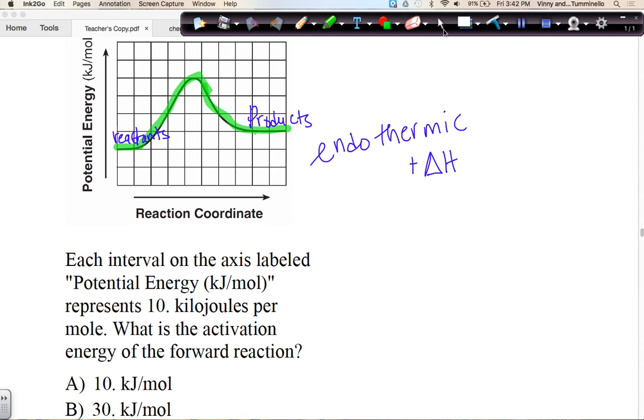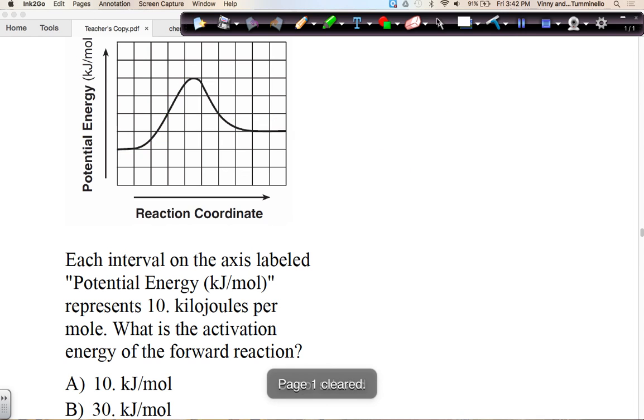If we look at the question, it's asking: each interval on the axis labeled potential energy represents 10 kilojoules per mole. What is the activation energy of the forward reaction? So when we're talking about activation energy, we have to go from the reactants to the top. The forward activation energy would be from the reactants to the top.